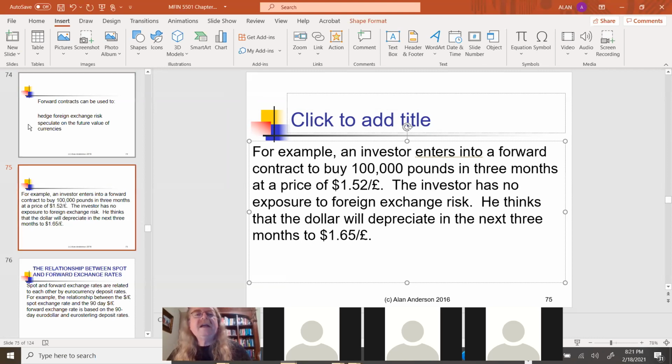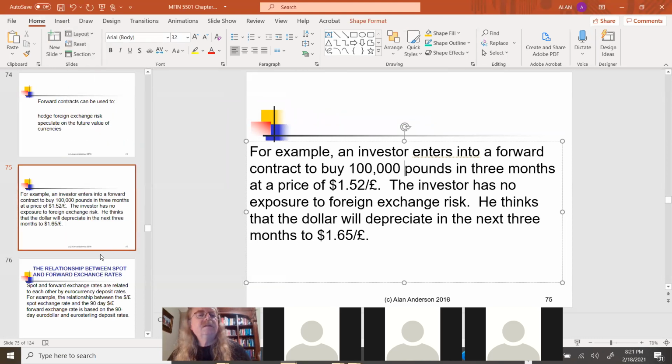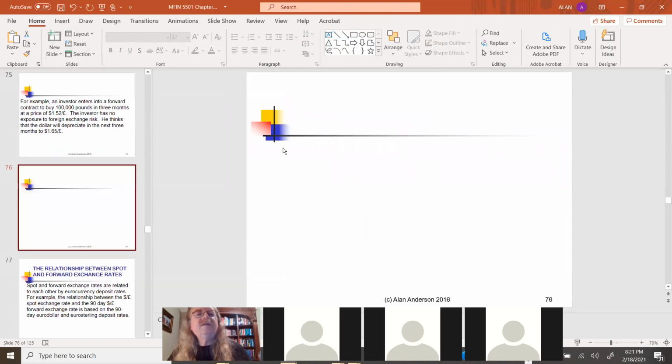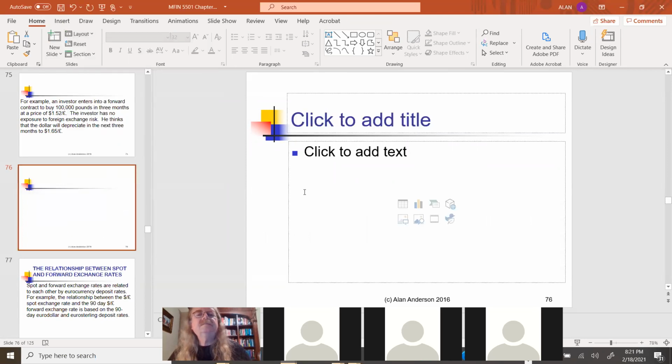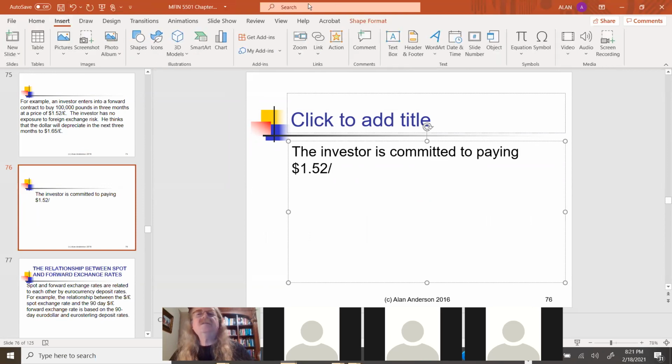So what's going to happen here is this. The investor is committed to paying, and so we'll have $1.52 per pound times 100,000 pounds.